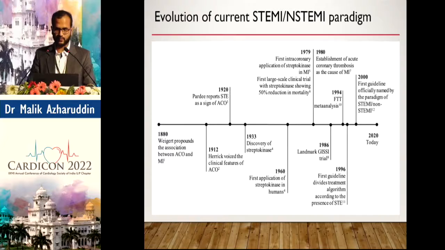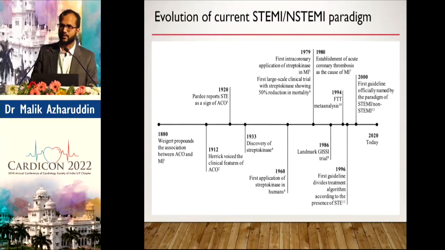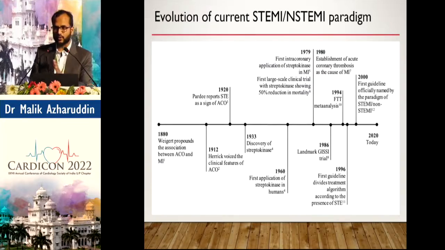So how did we get to this STEMI, non-STEMI paradigm? The basis was that the initial thrombolysis studies were not done on the basis of ECG findings. The diagnosis of acute coronary syndrome and acute MI was established based on chest pain and clinical findings. So in the initial studies, the ECG criteria was not used. It was not STEMI versus non-STEMI thrombolysis.